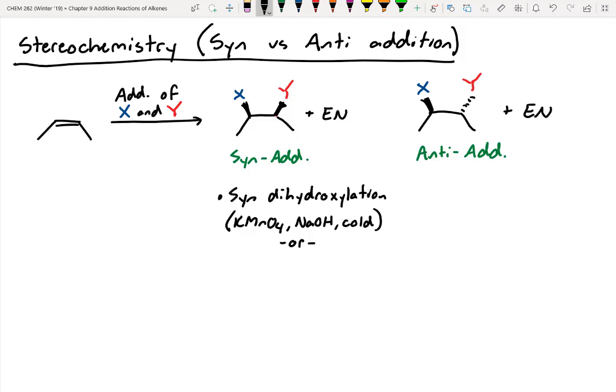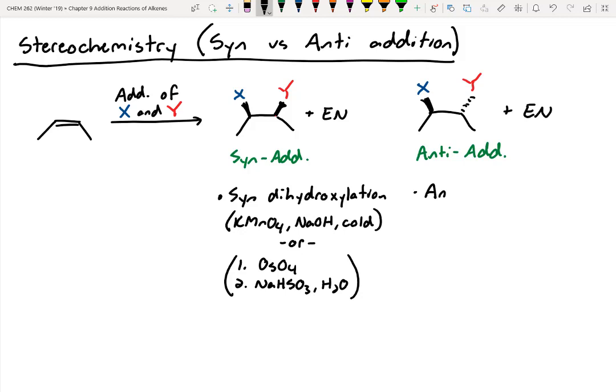Or the other option was to use the reagent that could blind you. Does anybody remember what that one is? Osmium tetroxide. So that's step one, followed by a reducing agent, which is usually sodium bisulfite and water. Either one of those will give you two alcohols in a syn orientation.